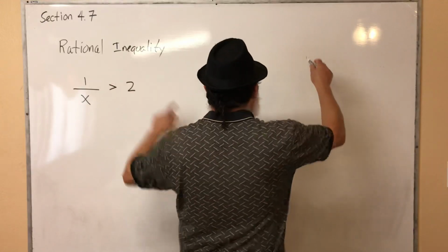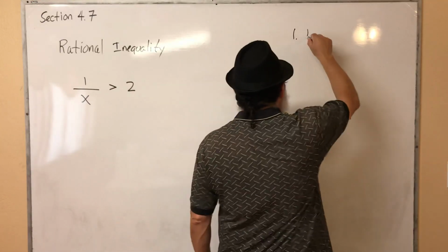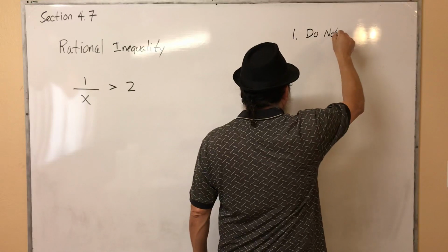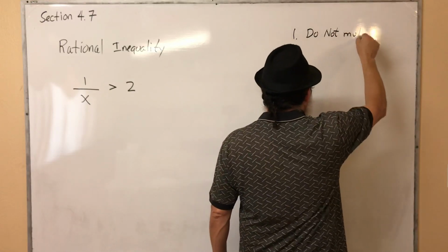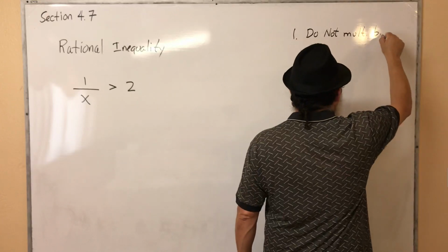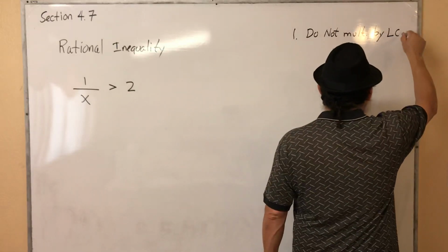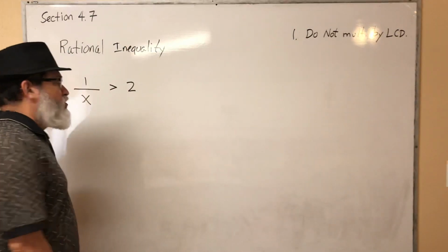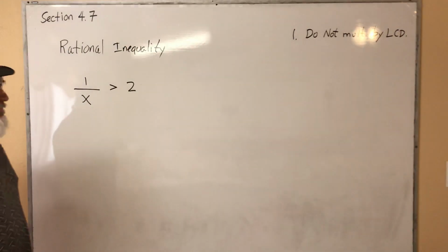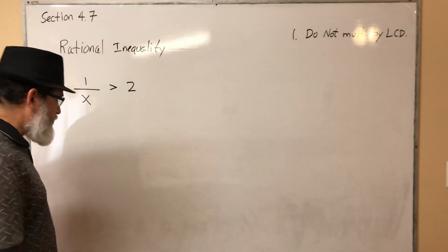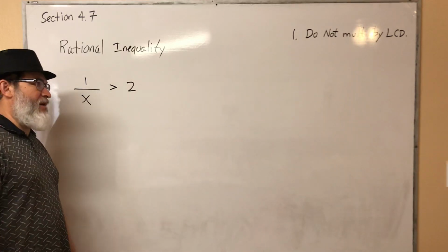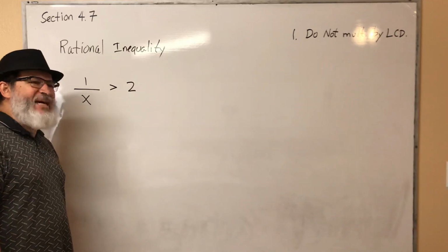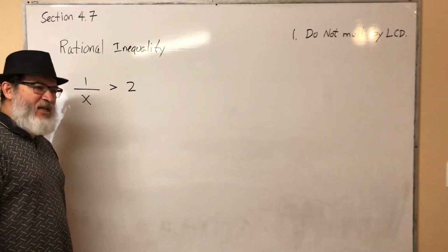For rational inequalities, one, do not multiply by the LCD. Do not multiply by LCD. Instead of multiplying both sides by the LCD, instead make 0 on one side. Set one side equal to 0.